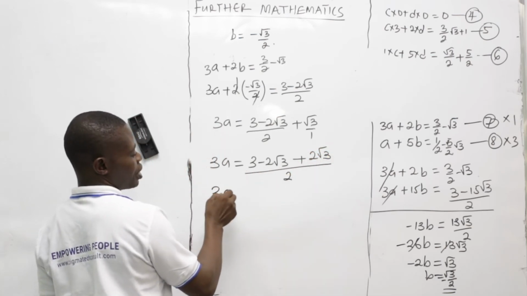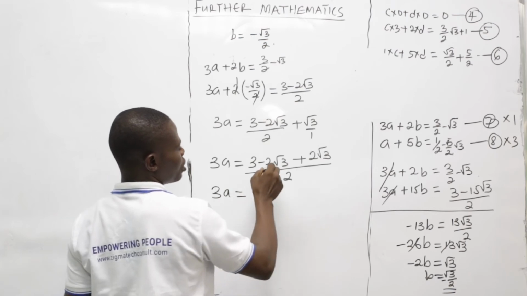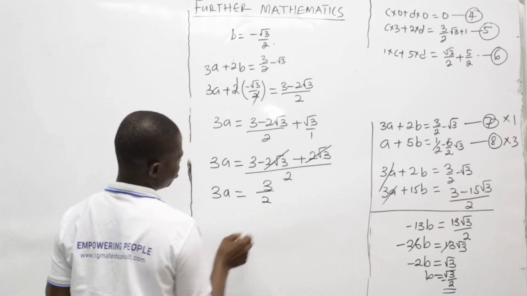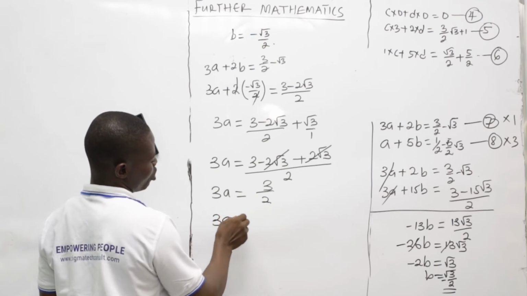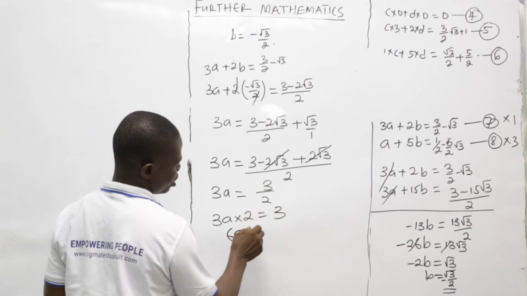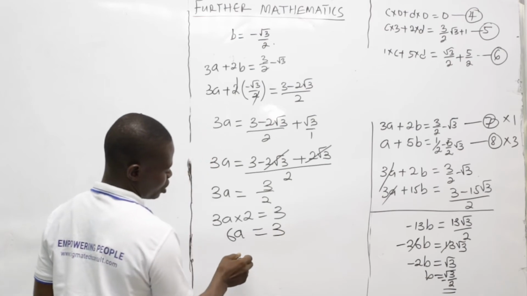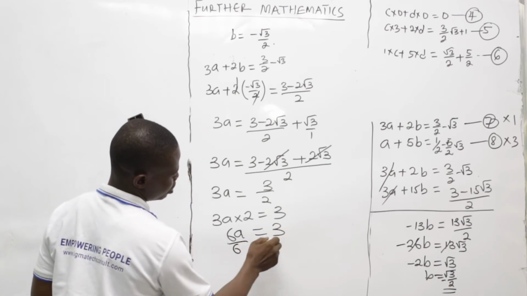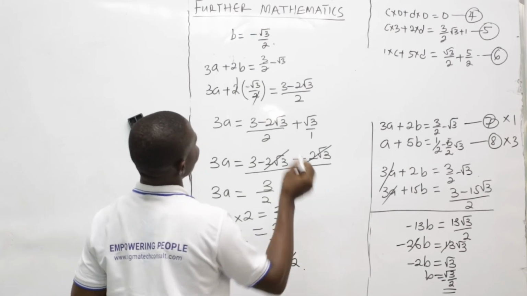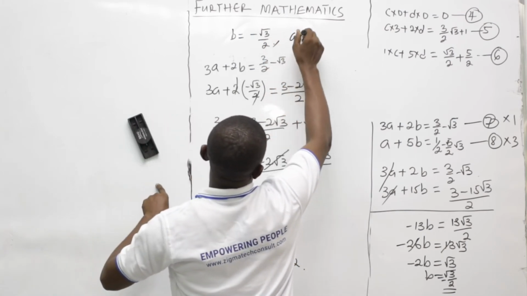We're going to have 3a equals this guy here, gone, 3 all over 2. So that 3a multiplied by 2 will give us 3. 6a equals 3. So that a, divided both sides by 6, will give us 1 all over 2, a equals half.